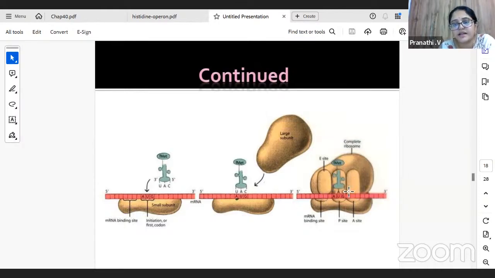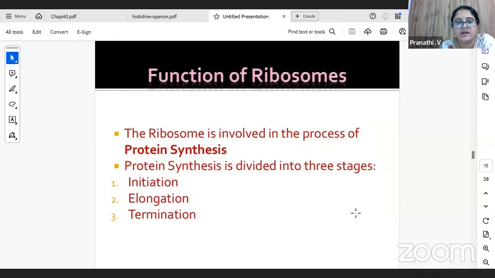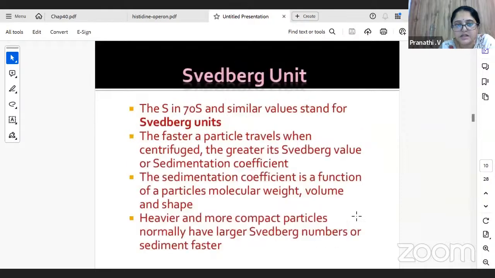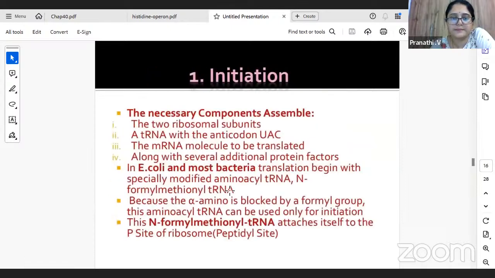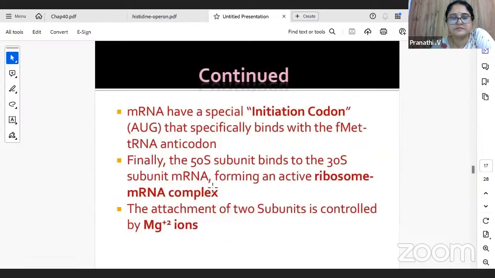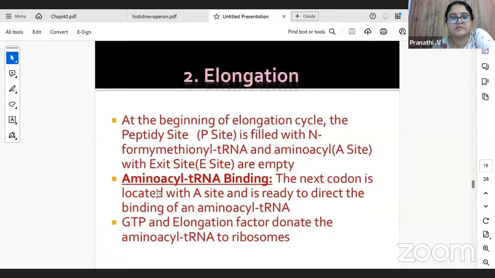This again has the binding sites, which are the acceptor site, then the P site, and then the E site. Whenever elongation has to happen, the peptidyl site is filled with N-formyl methionine in the case of prokaryotes, and then the amino acid site and the exit site are going to be empty.